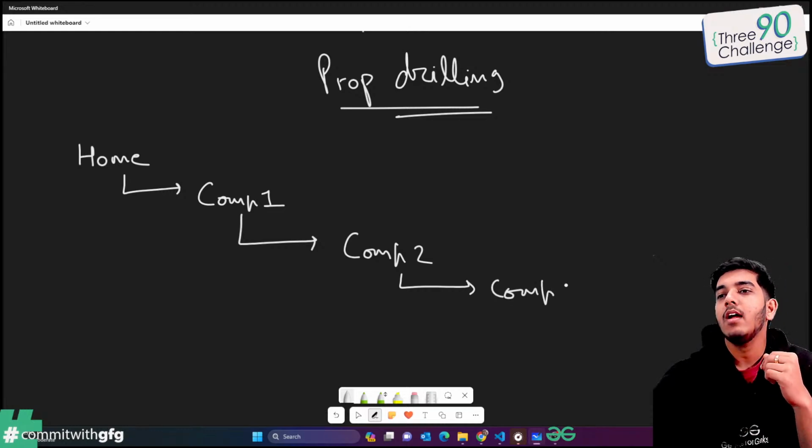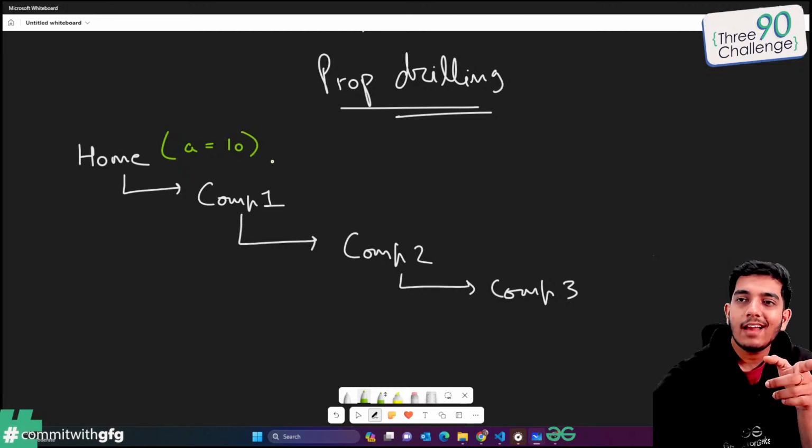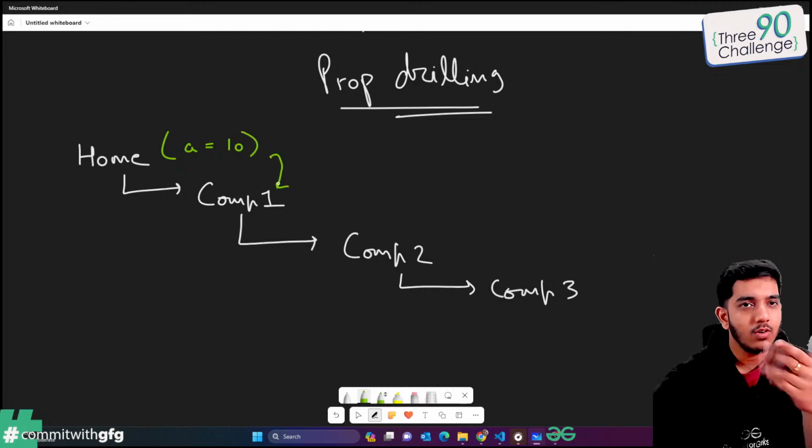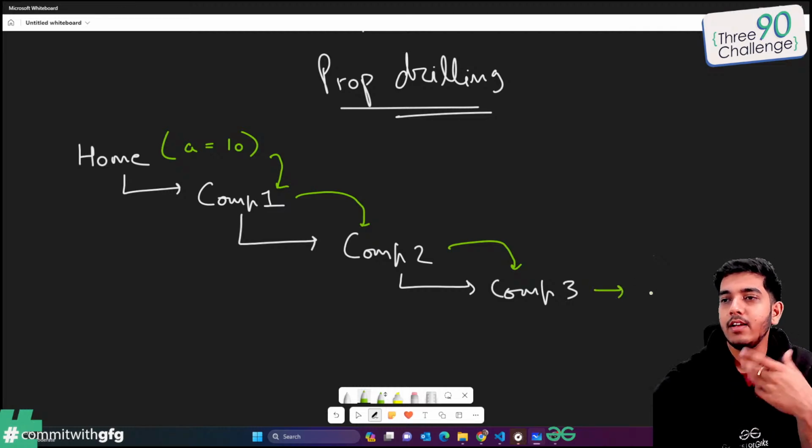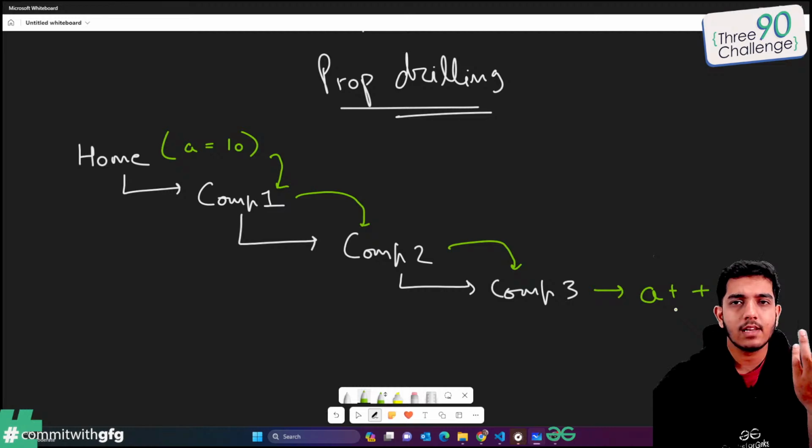Now suppose here in the home you have some value, a equals 10. You can share the props to the next component, to the child component. You can share the same props to component 2, and to component 3, and here you simply increment the value of a. That means you perform some operation on a, a plus plus, so a equals 11.